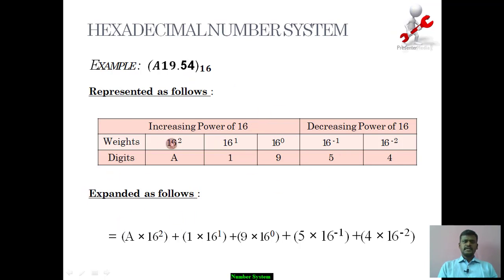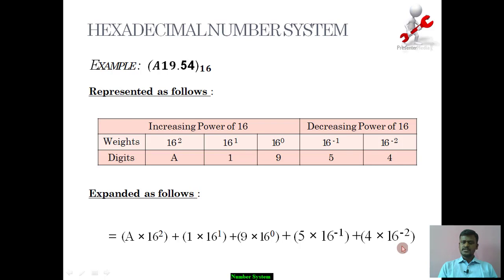For example, A multiplied by 16 raised to 2, 1 multiplied by 16 raised to 1, next 9 multiplied by 16 raised to 0, plus 5 multiplied by 16 raised to minus 1, plus 4 multiplied by 16 raised to minus 2.